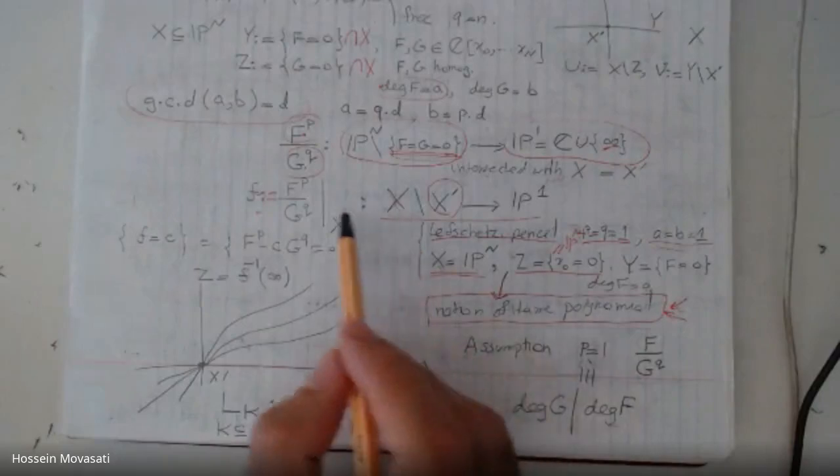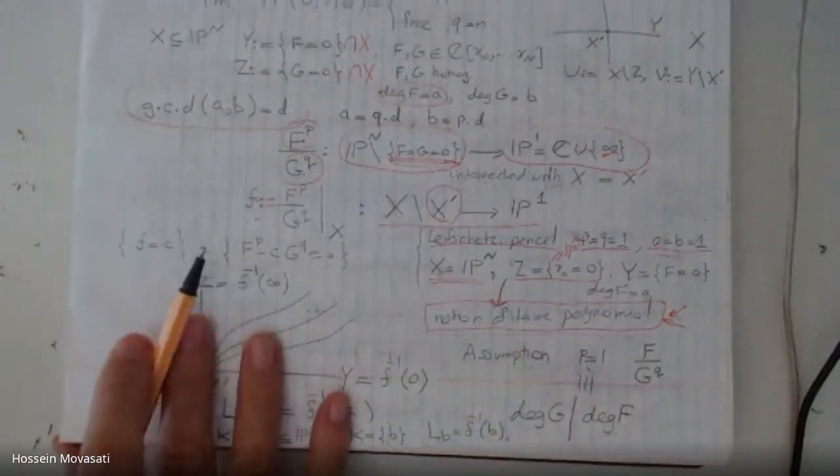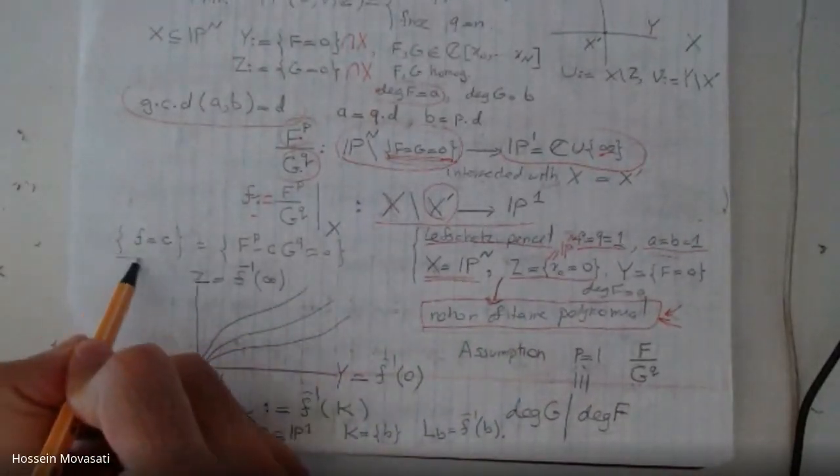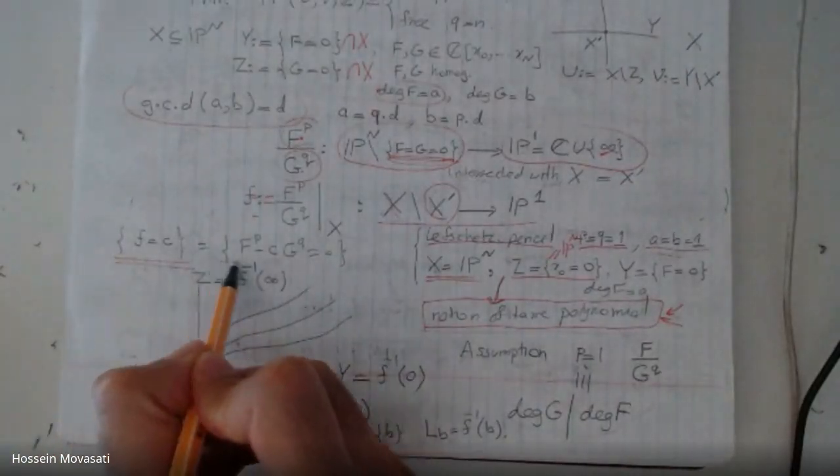So then we take this fibration. We will look for the fibers of f equal to c, and so these will be these kinds of hypersurfaces.